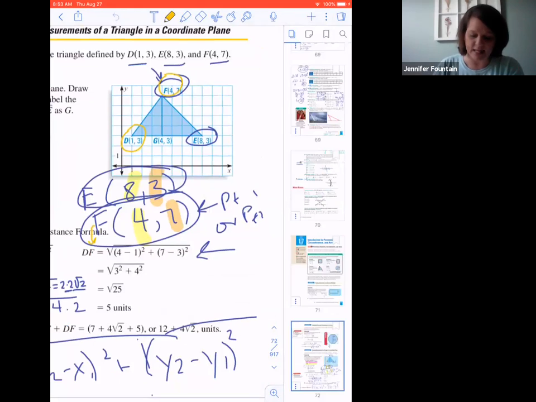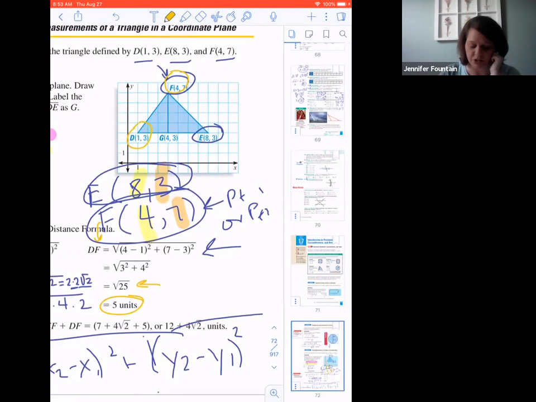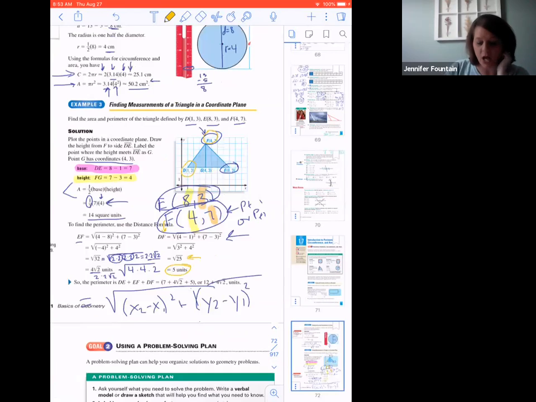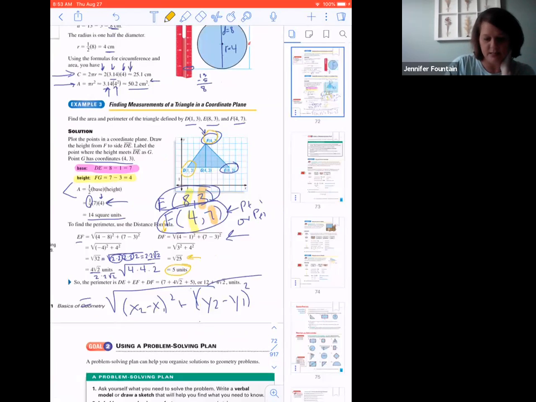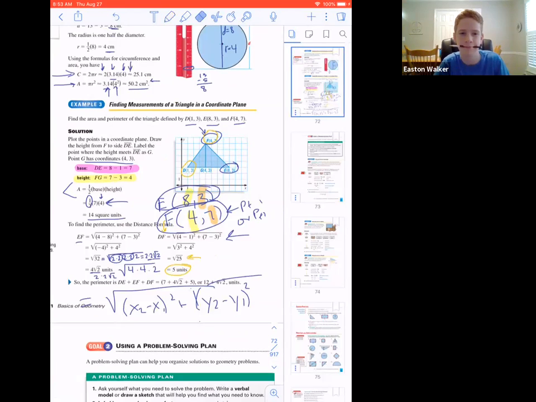So we find that this one ends up being the square root of 25. We know the square root of 25 is 5. Okay, so now what we're going to do is we already know that, let me erase some of it.